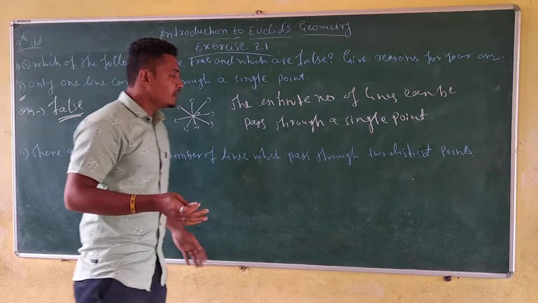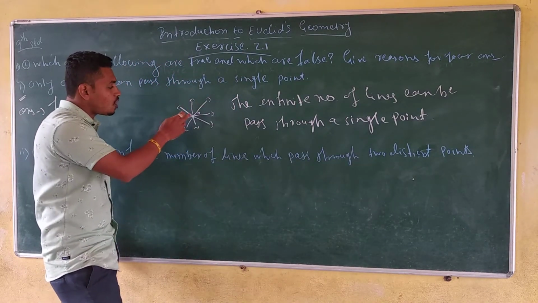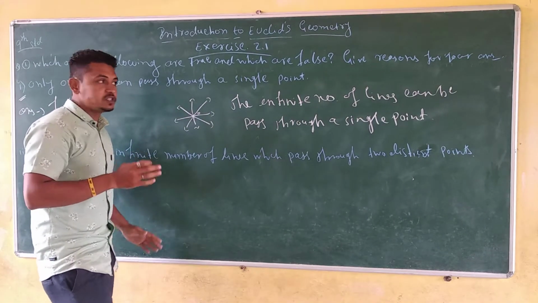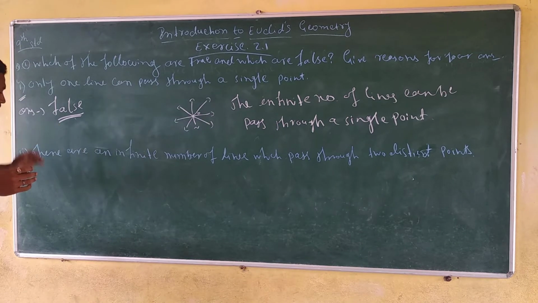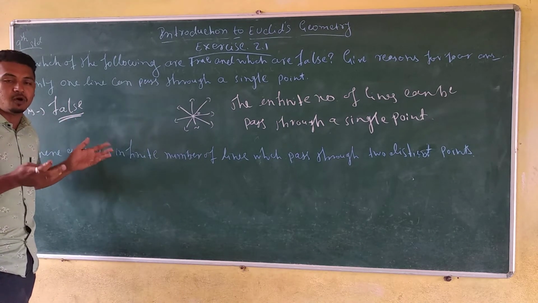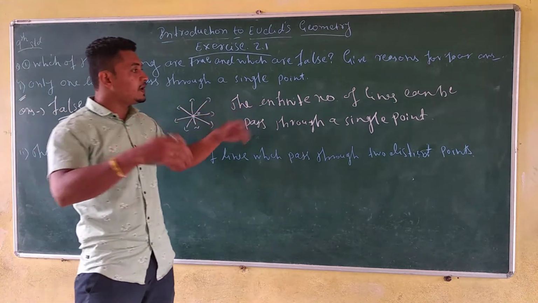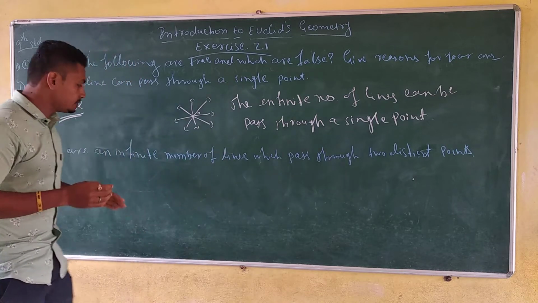Is it right? It is one single point and all these lines are passing through this common single point, which means this statement is false. Is it clear? The first statement is false. Why false? Because an infinite number of lines can be passed through a single point.